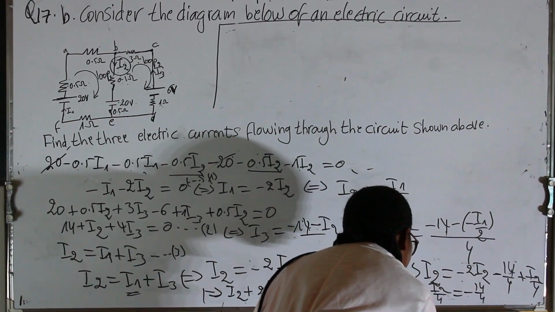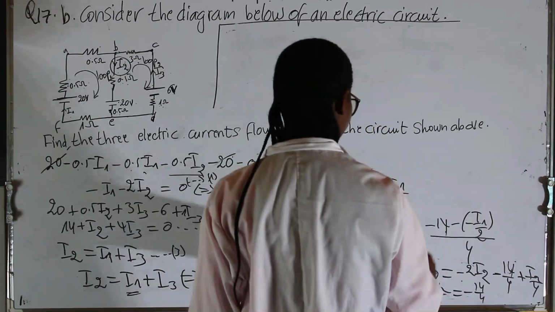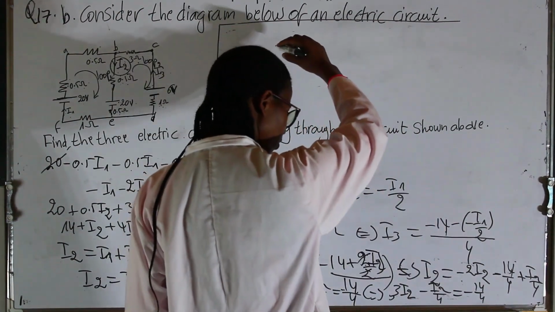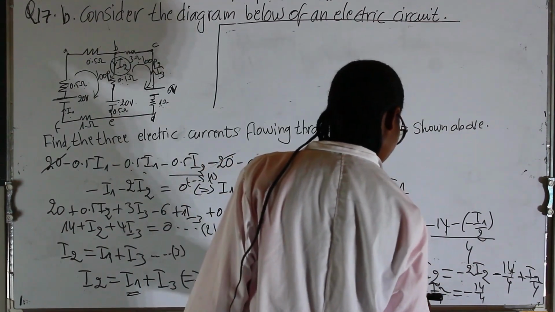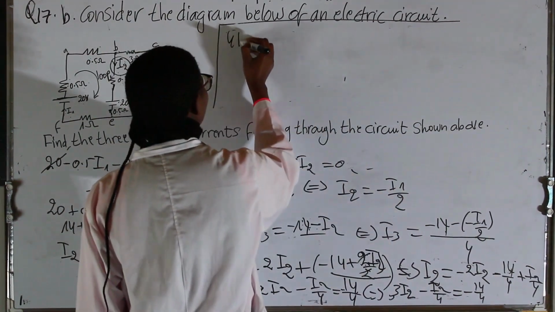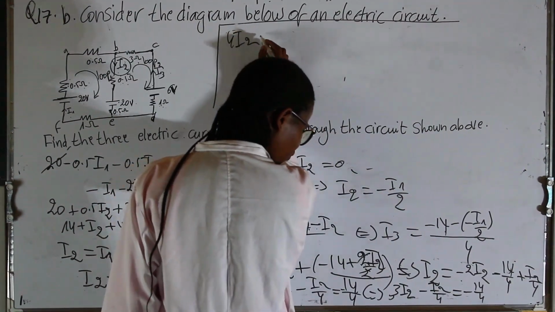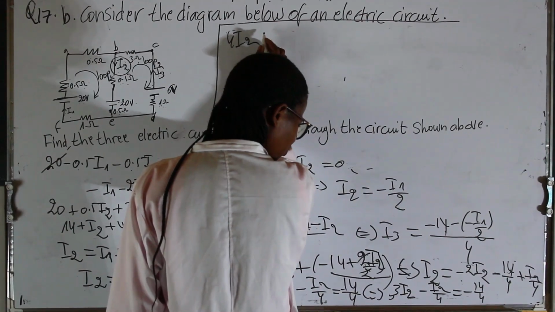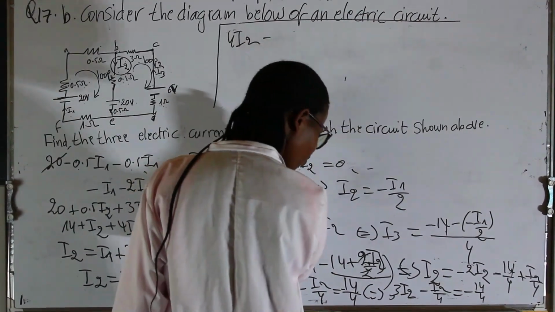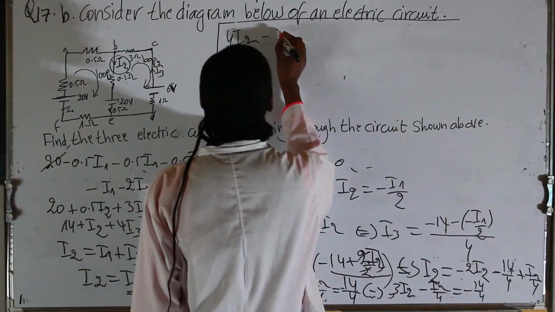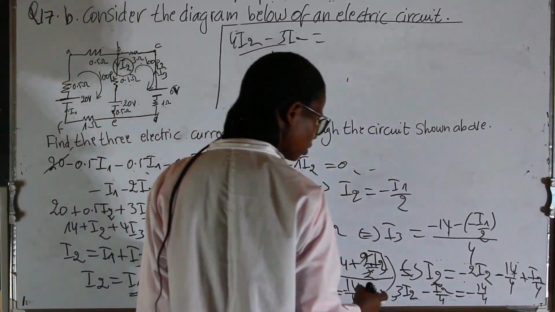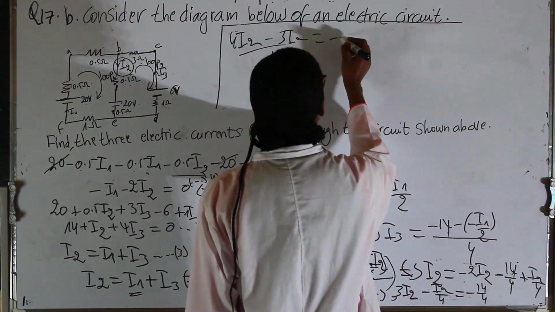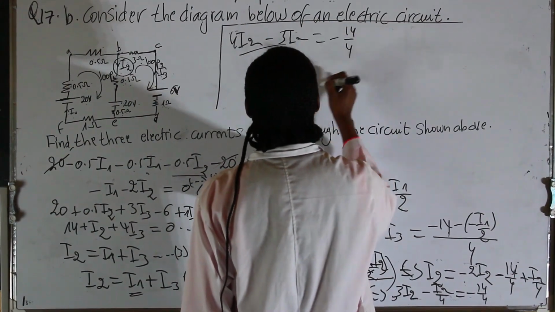Putting on the common denominator, we have 12, 4I2 minus 3 over 12, which is equal to minus 14 over 4.